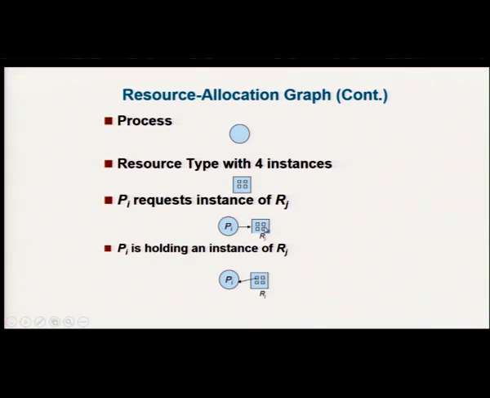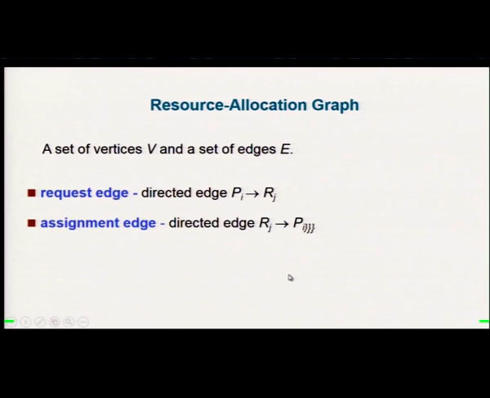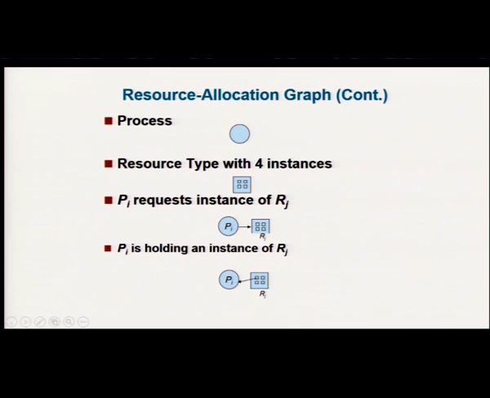If it is in this direction, it is a request. If it is in this direction, it is holding; it has been allocated. This is a simple notation for what we call a resource allocation graph. The request edge is in this direction, the assignment edge is in the other direction. P1 requested the resource, R1 is allocated to P1.